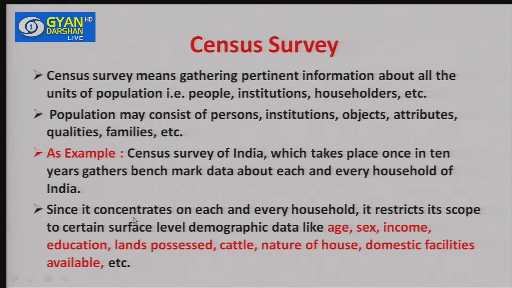Since it concentrates on each and every household, it restricts its scope to certain surface level demographic data like age, sex, that is gender, income, education, lands possessed, cattle, nature of house, domestic facilities available, etc. So in a census survey, you will be including all the units of the population. There is no scope to do sampling here, okay? Each and every unit of the population you will be touching upon to collect data.